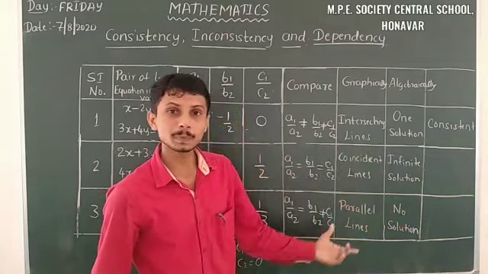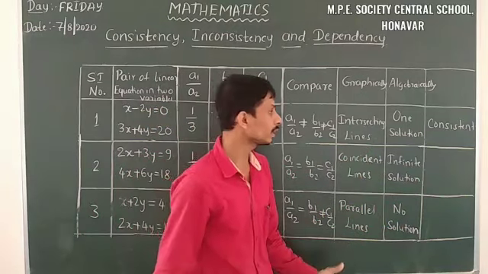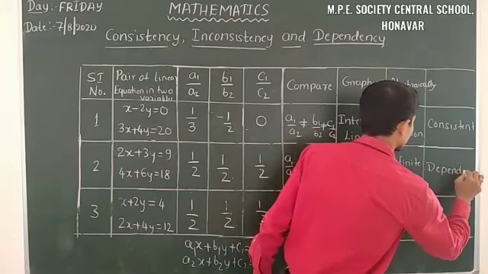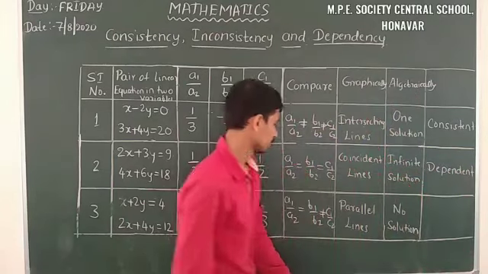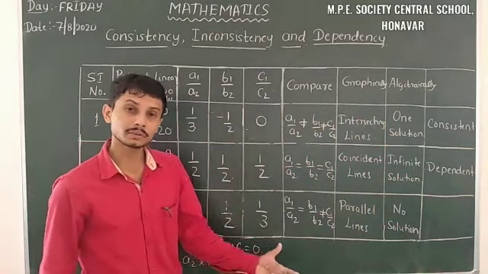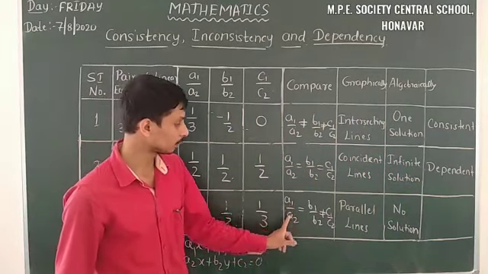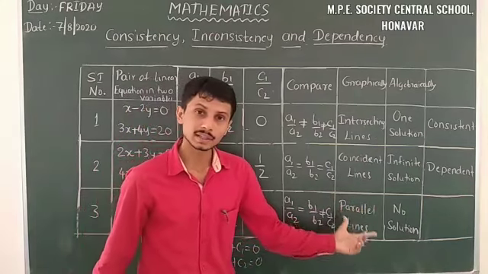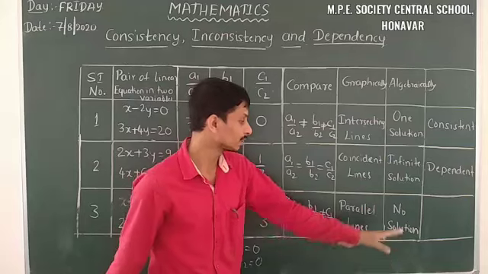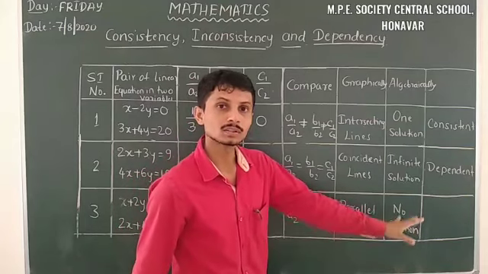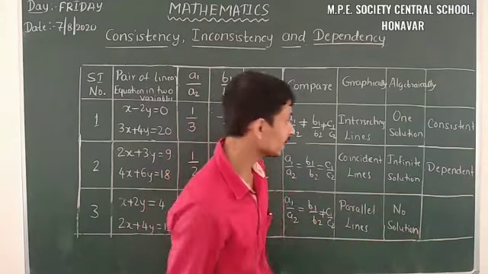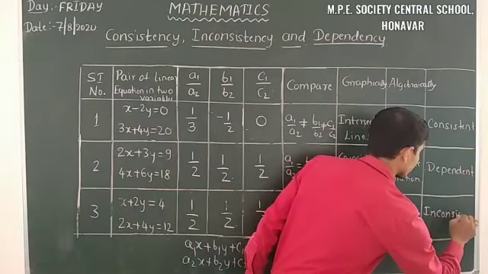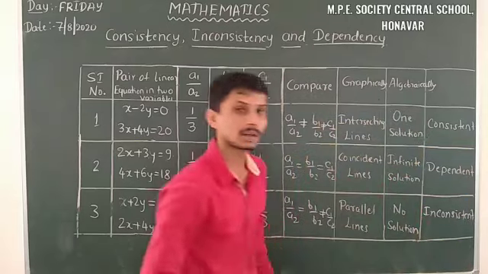That means those pairs of linear equations in two variables are a dependent pair of linear equations. Then when the pair holds this condition, a1 by a2 is equal to b1 by b2, but not equal to c1 by c2, there are graphically parallel lines, and algebraically it has no solution. So we call it an inconsistent pair of linear equations.